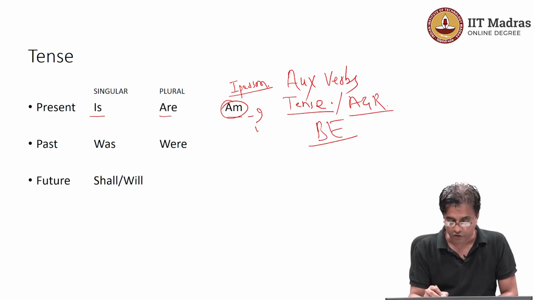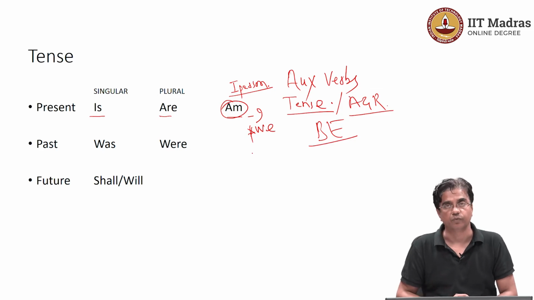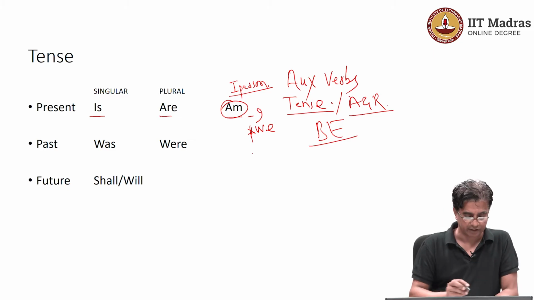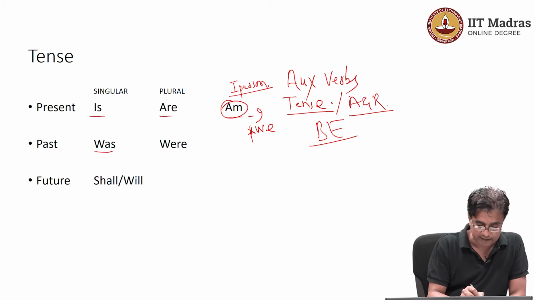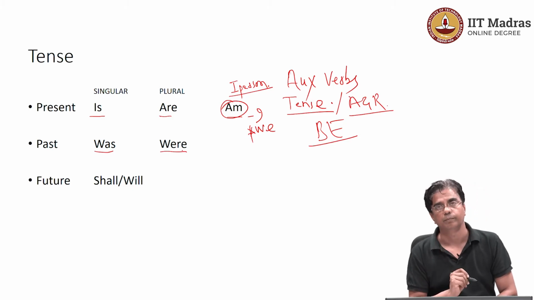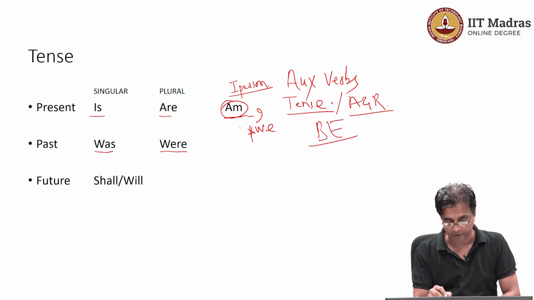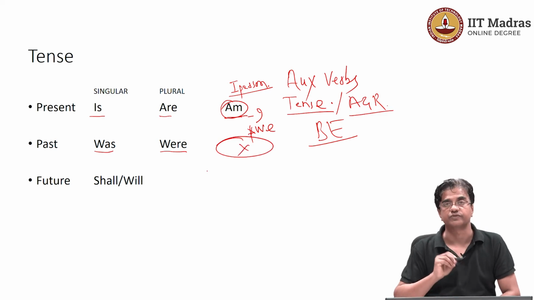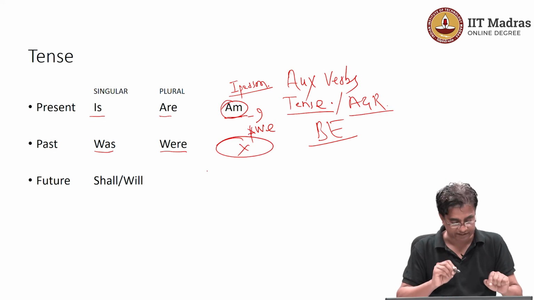Not even the plural form of first person, that is we. Only with first person singular. Was is the singular marking in past tense and were the plural marker in past tense. Unlike am, there is no special marker for first person pronoun in past tense.